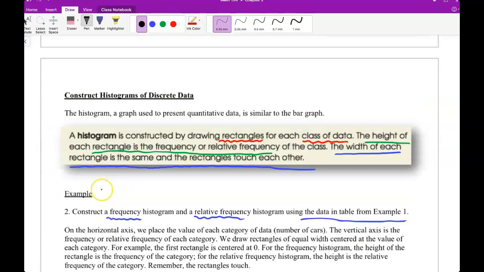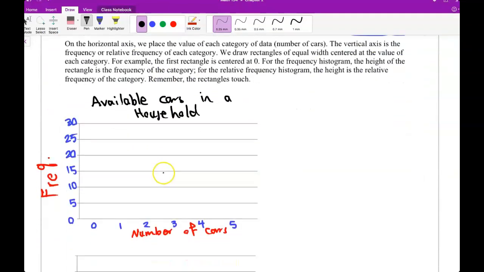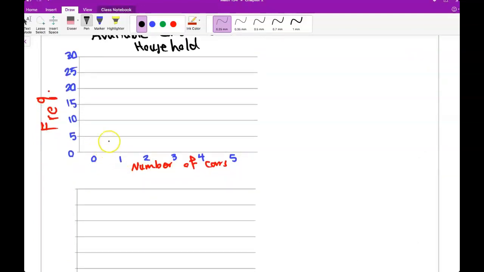Okay, so here for 0 cars, frequency was 4. So that is 4. I want to keep these numbers in center of these rectangles.